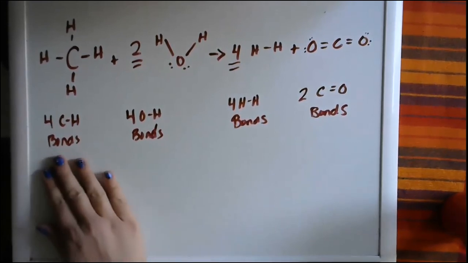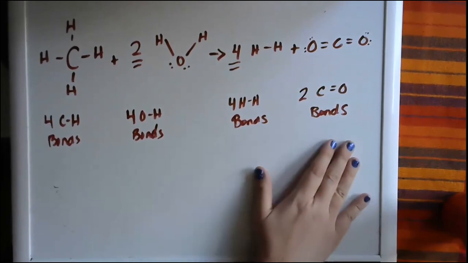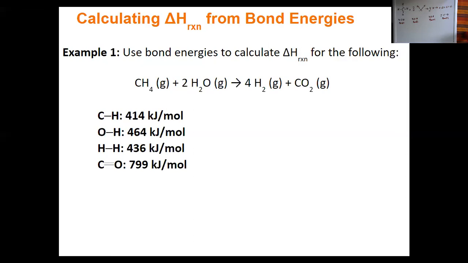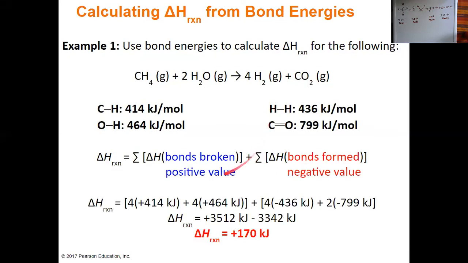So once you have values for all of these, now you can go back and set up your actual equation. My delta H is going to be the sum of my bonds broken plus the negative sum of my bonds formed.